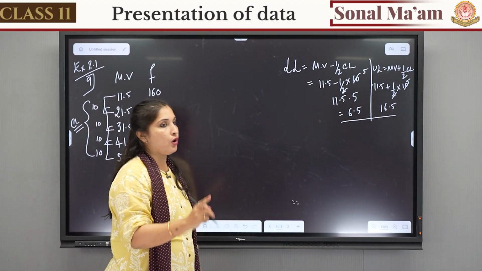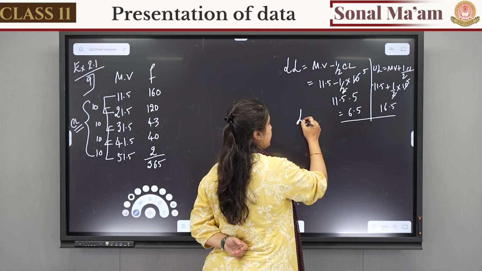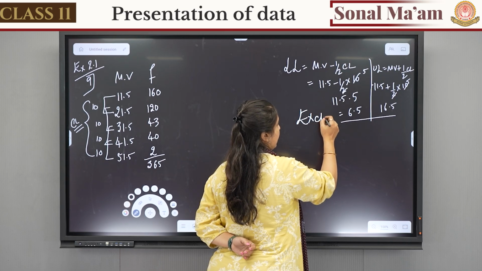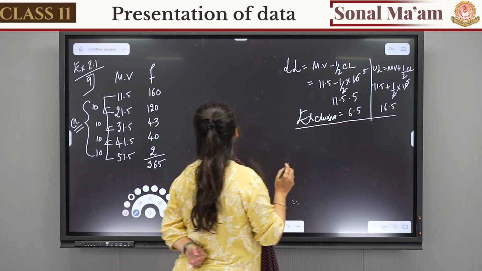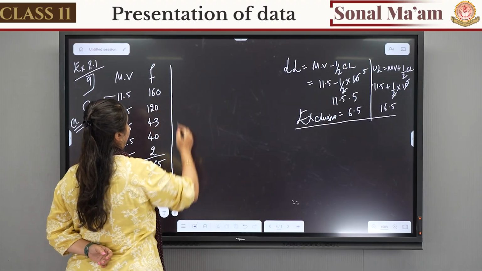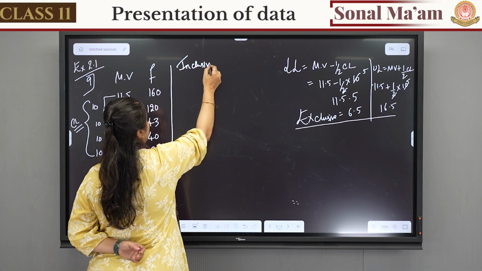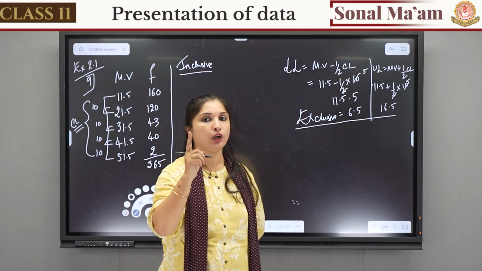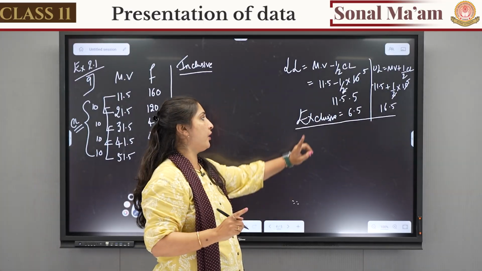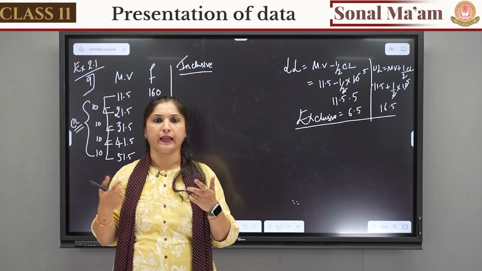But I told you before also, which class is this? This is an exclusive class. And in the question, it is specifically mentioned to make inclusive class. If it is specifically mentioned to make inclusive class, we will convert it the first time only. Because the class length is the same, no need to do it again and again.